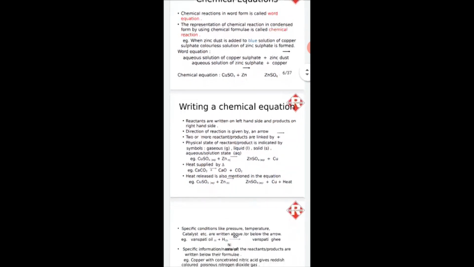Next, when a chemical reaction takes place, there are some rules and regulations for writing chemical equations. Below, some rules are given for how we write chemical equations. The first one: the reactants are written on the left hand side and products on the right hand side.